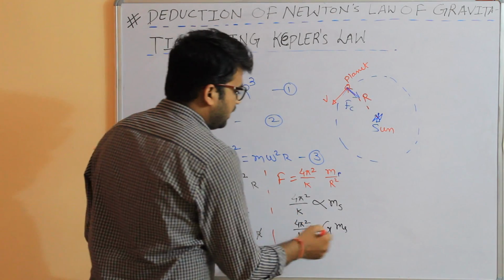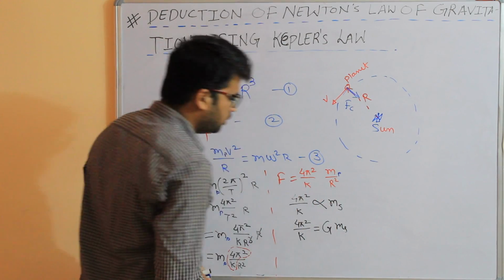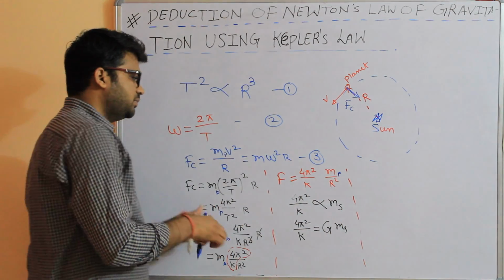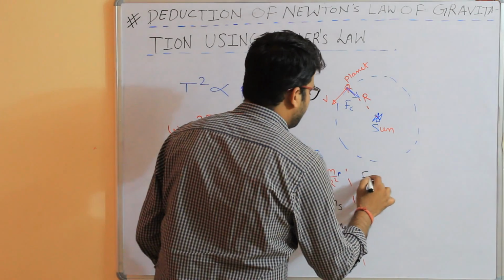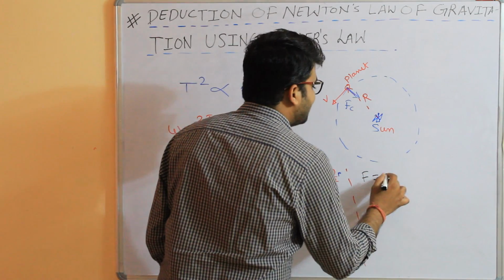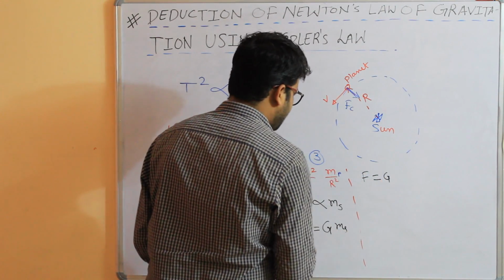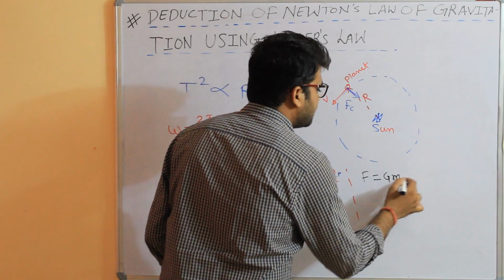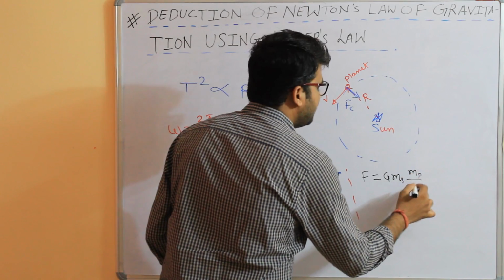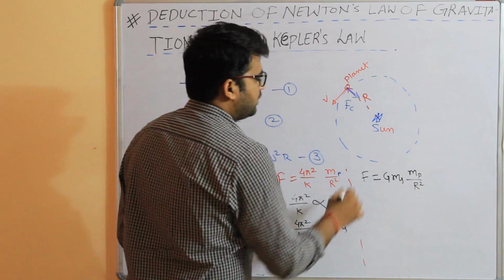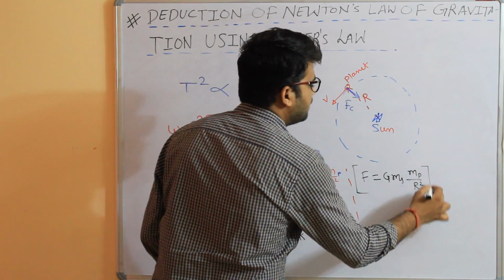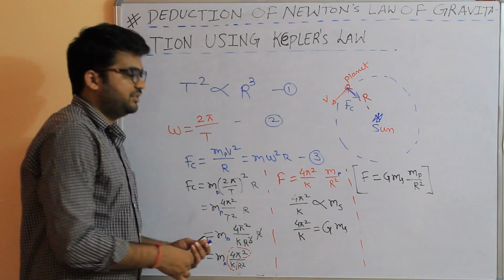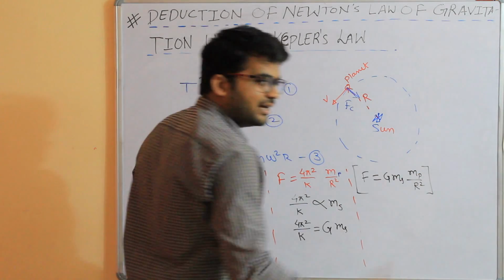Now if you put this value here, we get the result: F is equal to G Ms into Mp by r square. See here, this is Newton's universal law of gravitation, G m1 m2 by r square.